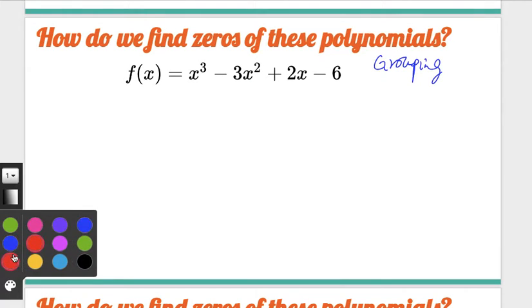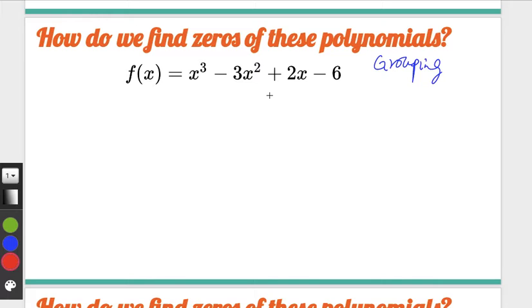The way we do that, look at the common thing. The two terms might have a greatest common factor. So let's check the first part: x to the third, 3x squared. These are the two, and I can figure out x squared. And then this one. So I'm going to deal with two separate parts, and for each part I'm going to use GCF.